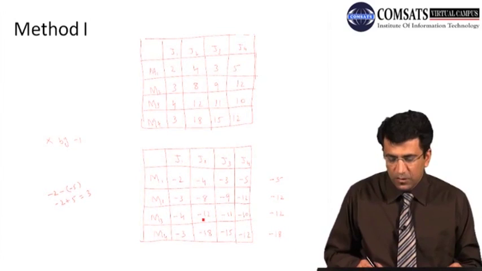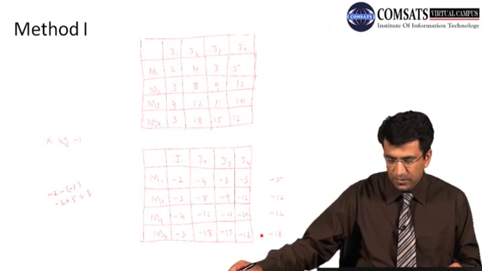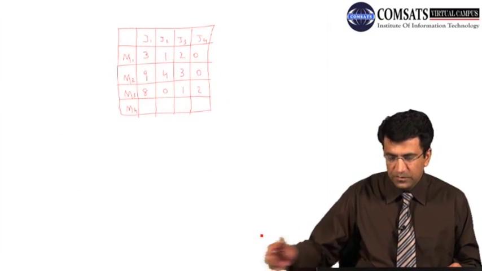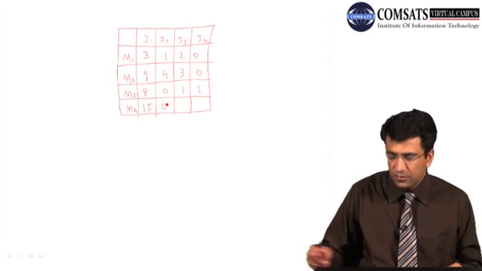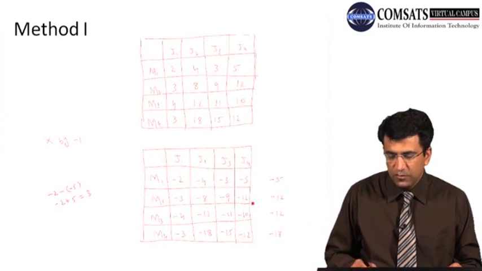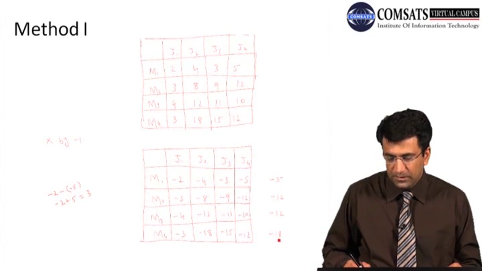Similarly, for the fourth row, minus 3 plus 18, it will become 15, 18 minus 18, it will become 0. Next two values will become minus 15 plus 18, 3, minus 12 plus 18, 6. So it will become 3 and 6.